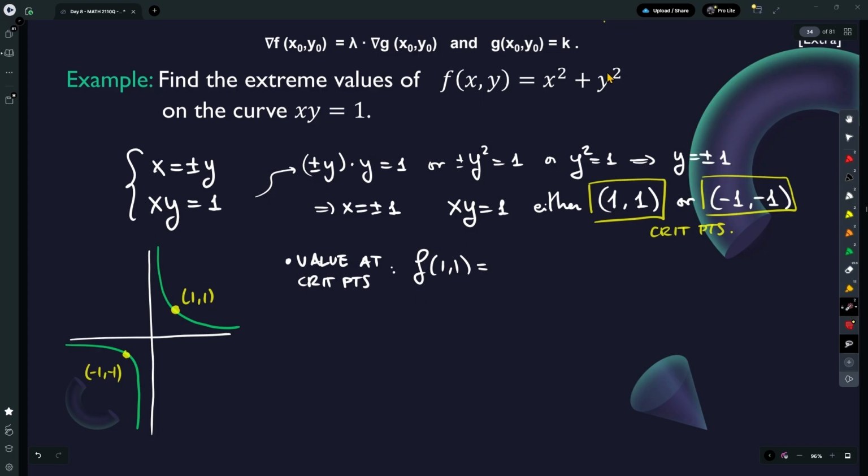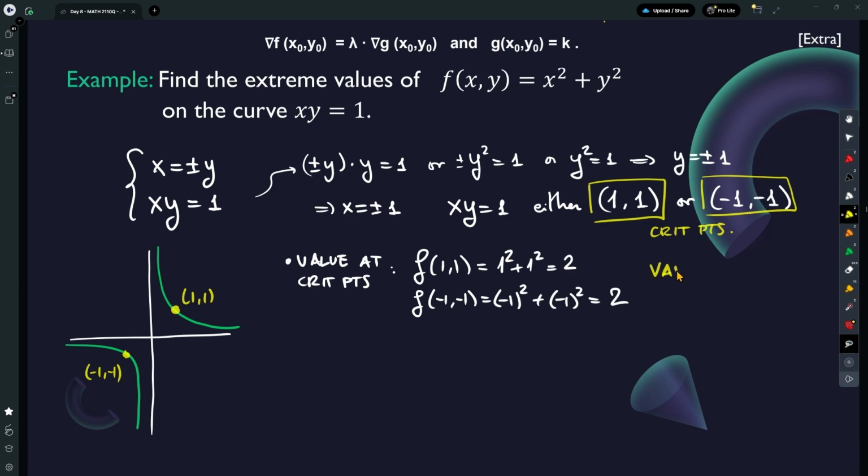Now here's my function f. So evaluate at 1, 1, and I get 1 squared plus 1 squared is 2. And the value at minus 1, minus 1 is minus 1 squared plus minus 1 squared, which is also 2. So a critical value is 2, and I have to decide if that is a minimum or a maximum.